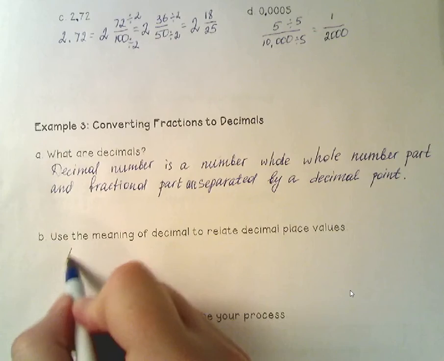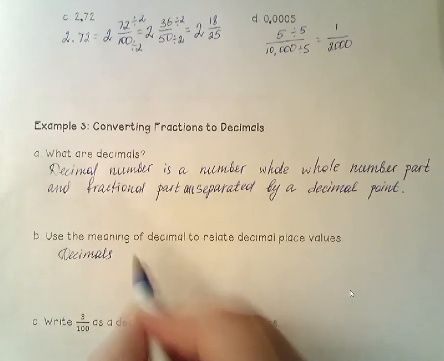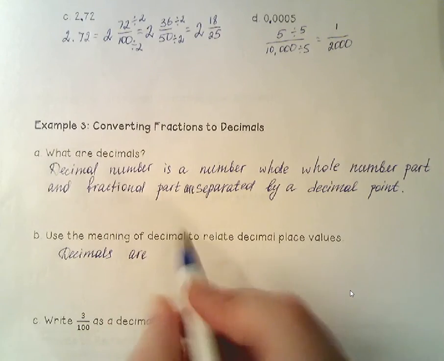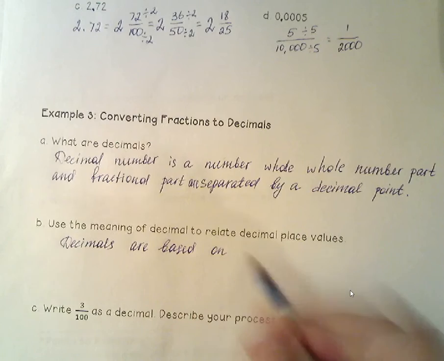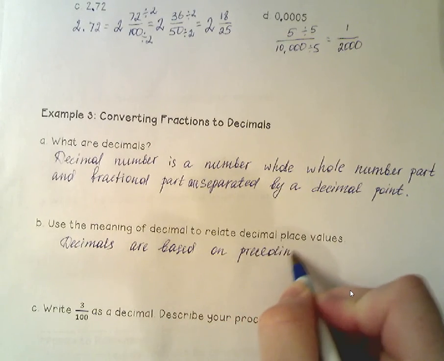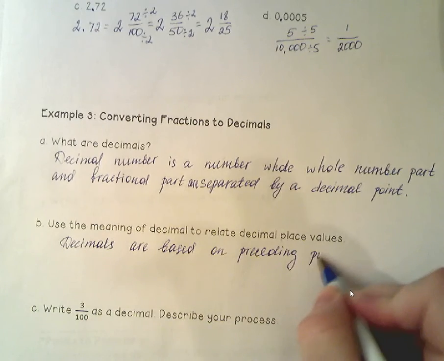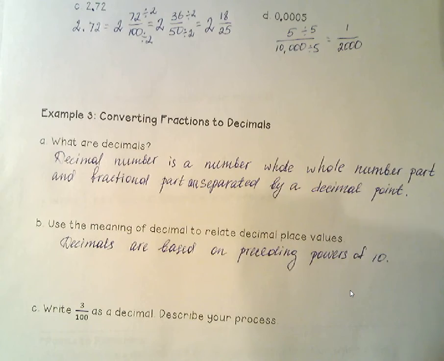Let's write it down. Decimals are based on preceding powers of 10.